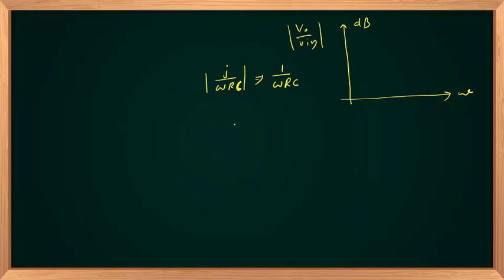If you are expressing it in decibels, it is 20 log 1 by omega RC. If omega equals omega 1, I am defining my magnitude as M1. So M1 will be 20 log 1 over omega 1 RC.